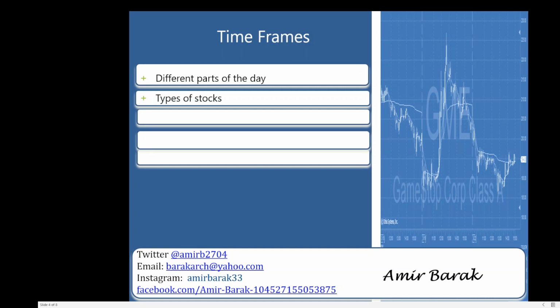So, type of stocks. Again, I'm going to give you an example. It's all about the stocks. If the stock has 1 cent spreads and is not so volatile, definitely I can use the 1 and 2 minutes to scalp it, at the open, and even after, if I want to zoom in.